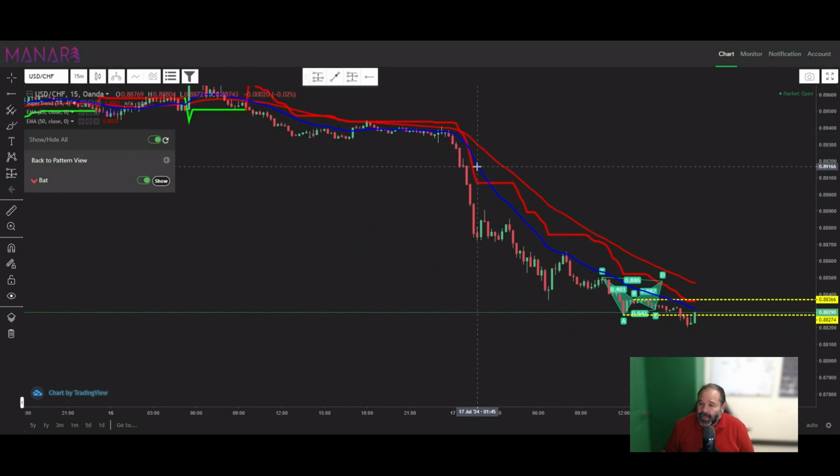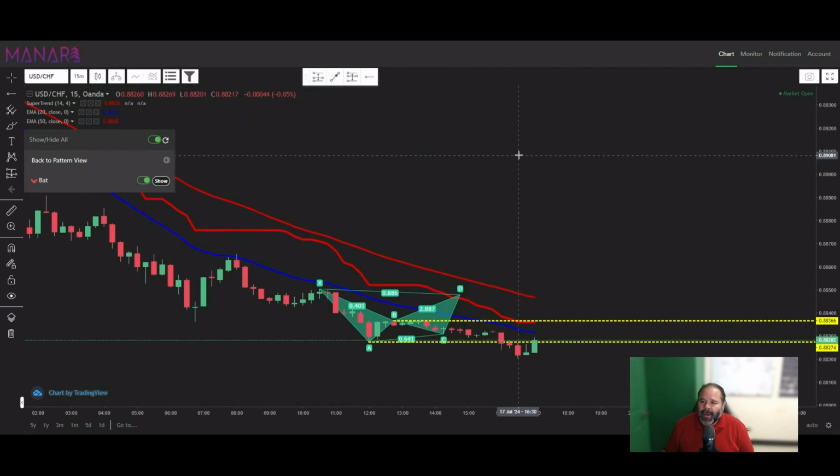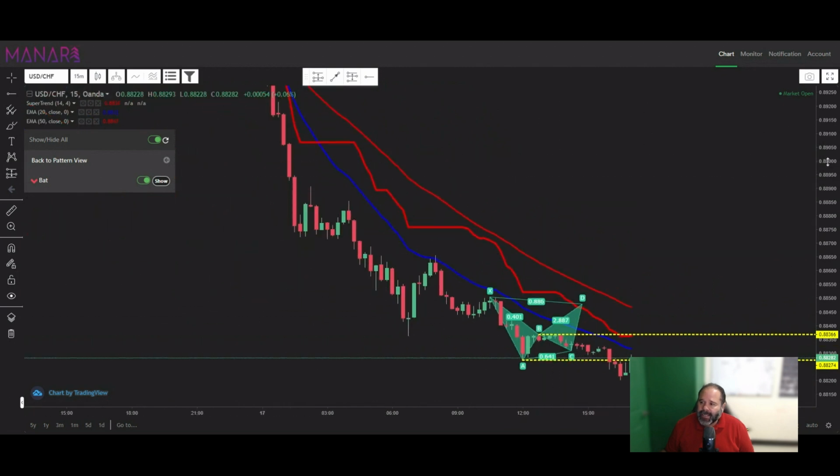The blue one is a 20 EMA, and the red one is a 50 EMA. The one that tells us if we're going up or down is the blue one. When the blue line crosses the red line down, it is telling us that it's preferable to take a sell, that the probability is higher if we take a sell.